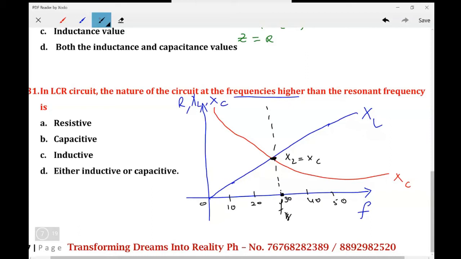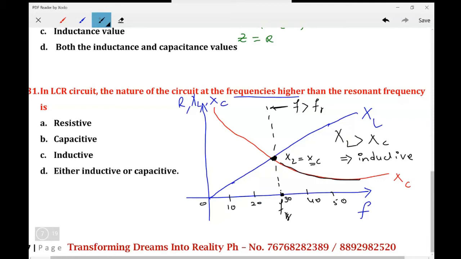Now you are trying to increase the frequency further. When you further increase the frequency, that means you are trying to increase towards this side. Your frequency is greater than whom? Resonant frequency. Correct? I mean after resonant frequency. Here, observe correctly, this red color line decreases, meaning capacitive reactance is decreasing after resonant frequency. After resonant frequency, this XC value is getting reduced, whereas XL value is increasing. That means XL is greater than XC, which implies the circuit behaves like an inductive circuit.